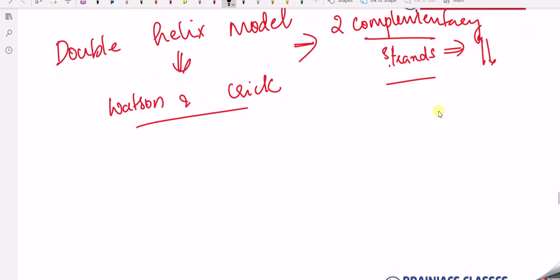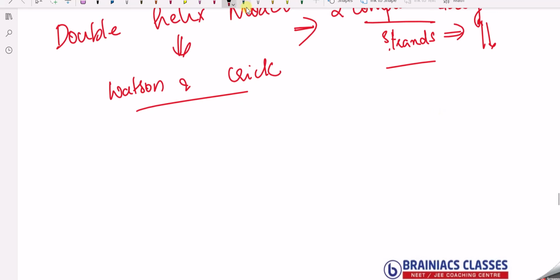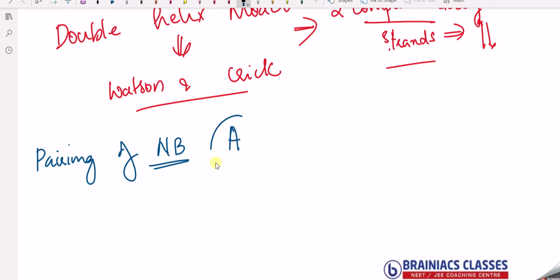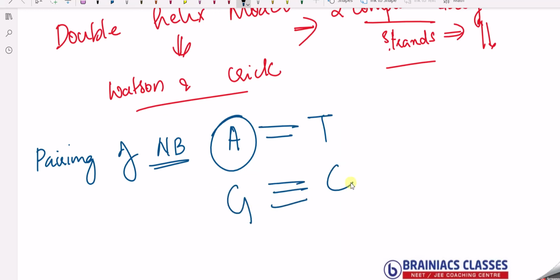To know about that, you need to study the pairing of nitrogenous bases. This adenine is very stubborn. It will go only with thymine. Similarly, guanine will go only with cytosine.